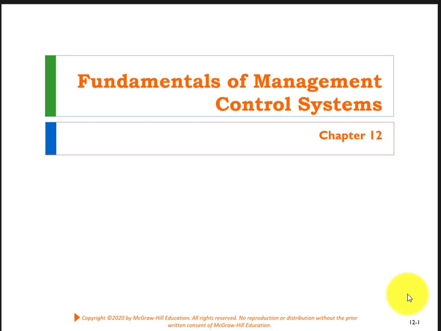So we're going to talk a little bit about what makes these systems work, how they should be followed along, what the challenges are. Then we'll get into, in chapter 13, some of the ways that we will utilize the tools in accounting to make them better and actually measure performance.